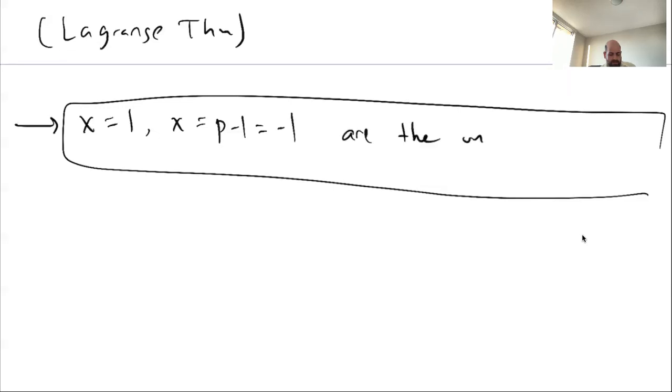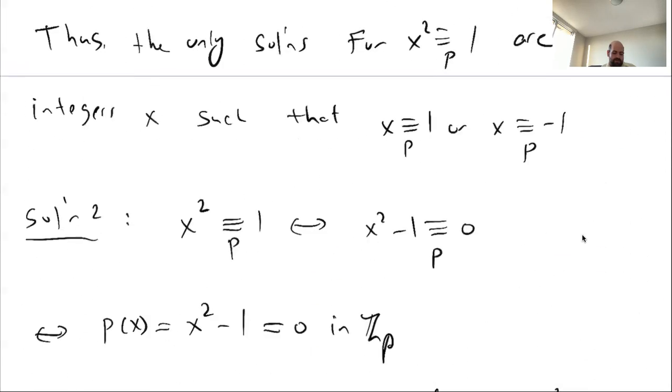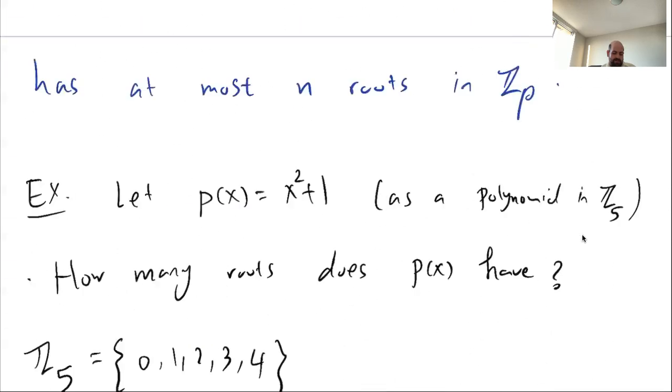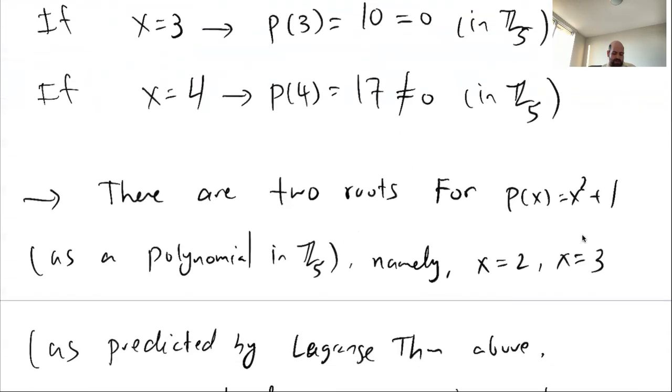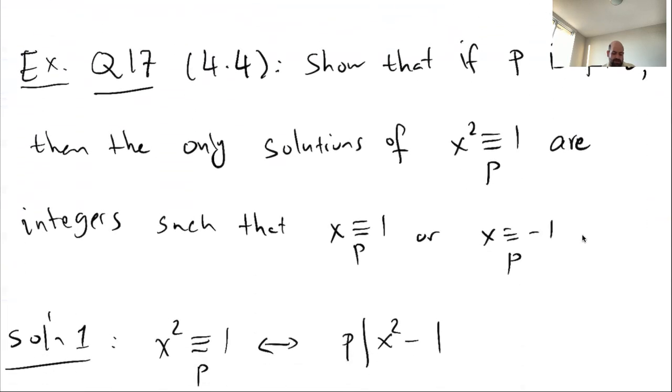These are the only roots in ZP, and that's exactly what the question was asking us to show: that X equals 1 in ZP and X equals -1 in ZP are the only solutions in ZP.